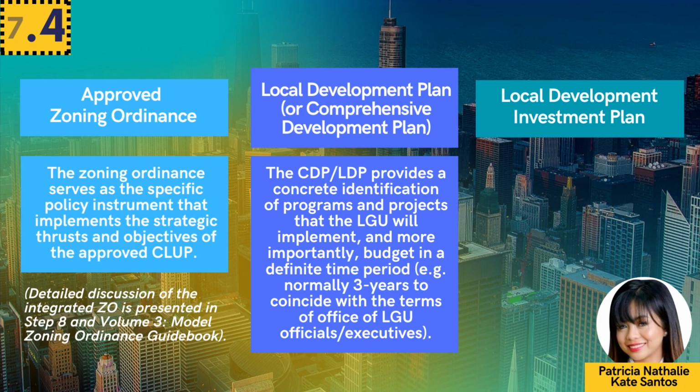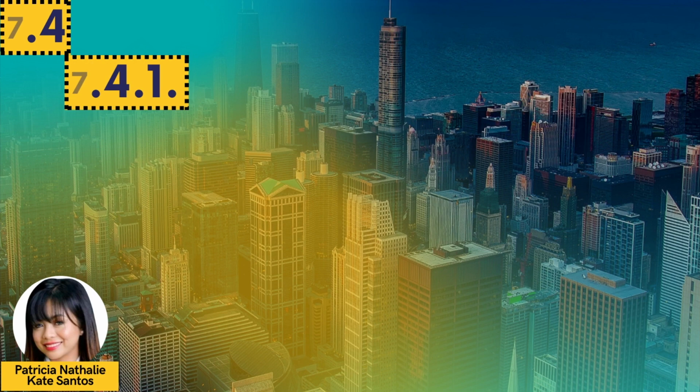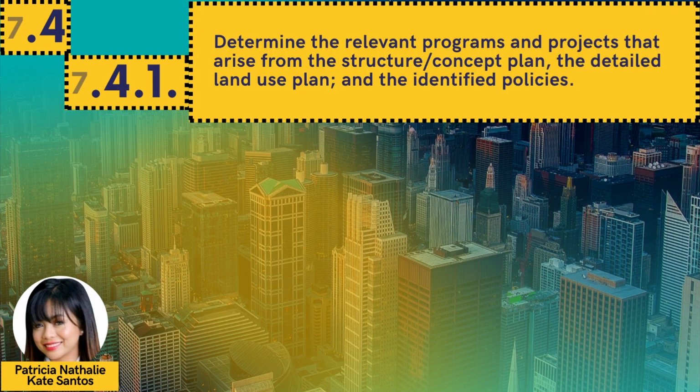The detailed discussion of the integrated zoning ordinance is presented in Step 8 and Volume 3 in the Model Zoning Ordinance Guidebook. So next, we have 7.4.1: determine the relevant programs and projects that arise from the structure, concept plan, the detailed land use plan, and the identified policy.